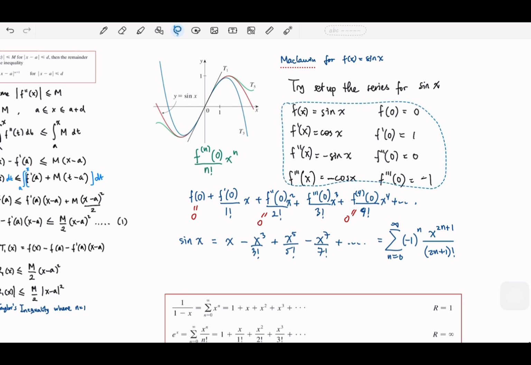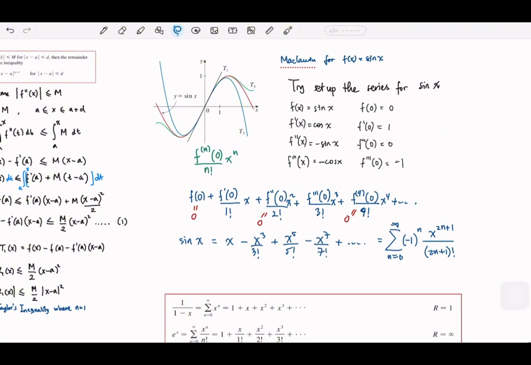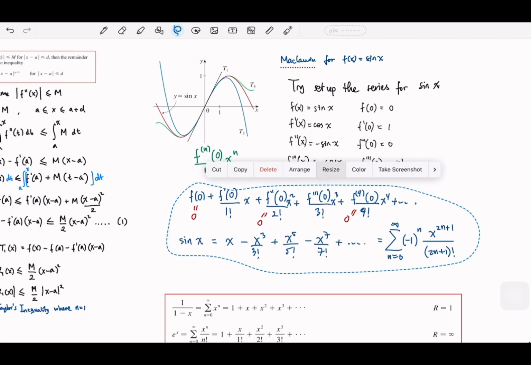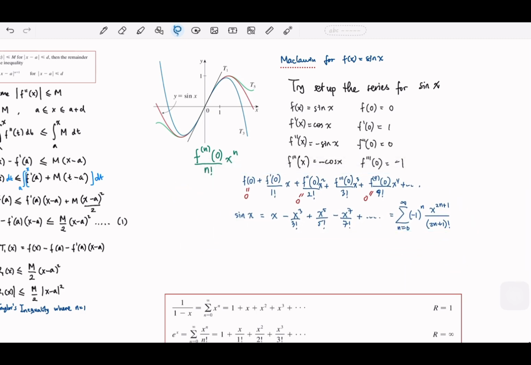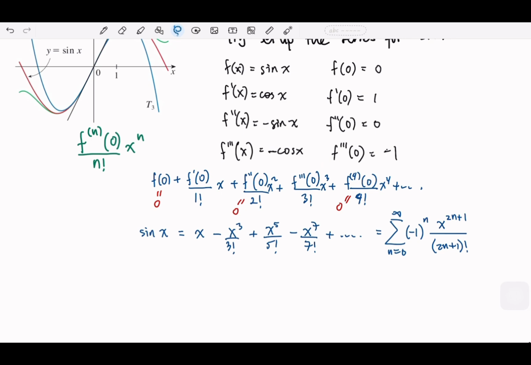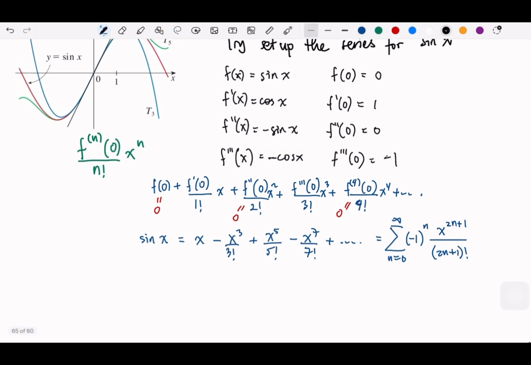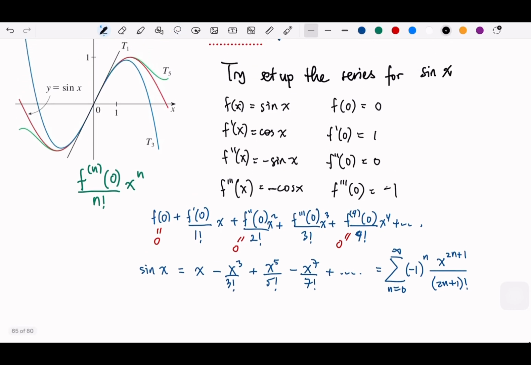Let me resize this so that it could be squeezed in here. Okay, this is for sine x. For cosine x, you could do the same thing. You can make this from cosine and then negative sine, negative cosine, and so on and so forth. Take x equals 0 and then you get everything.